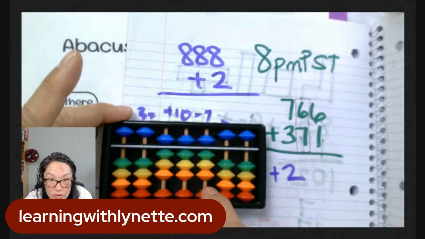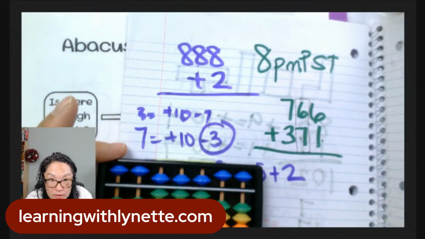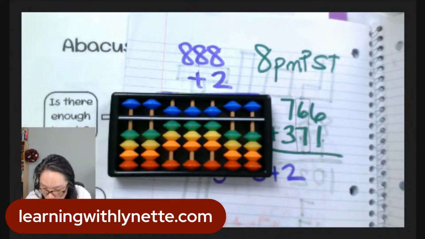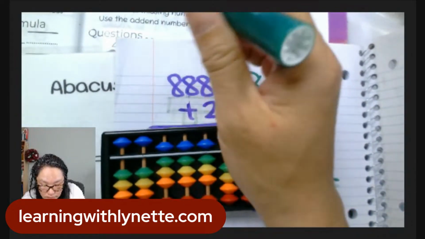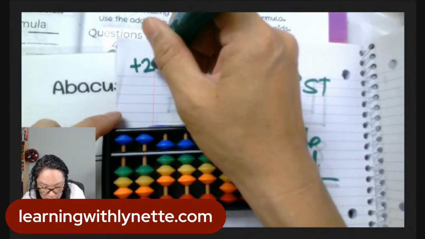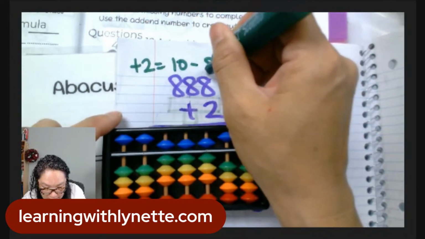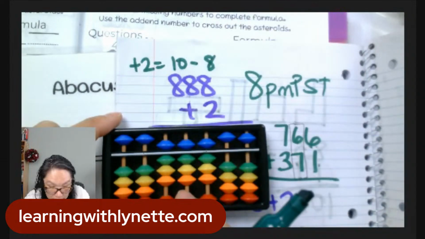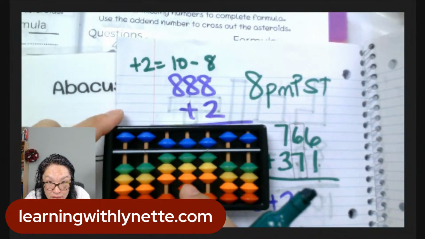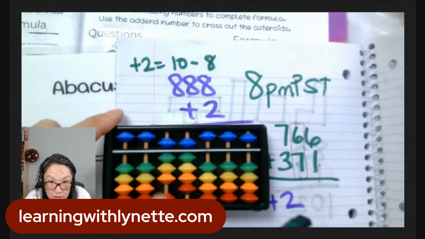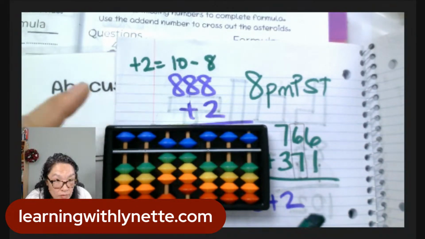So plus the 2 is equal to plus the 10 minus 8. So my final answer is 90. It seems like so many extra steps.